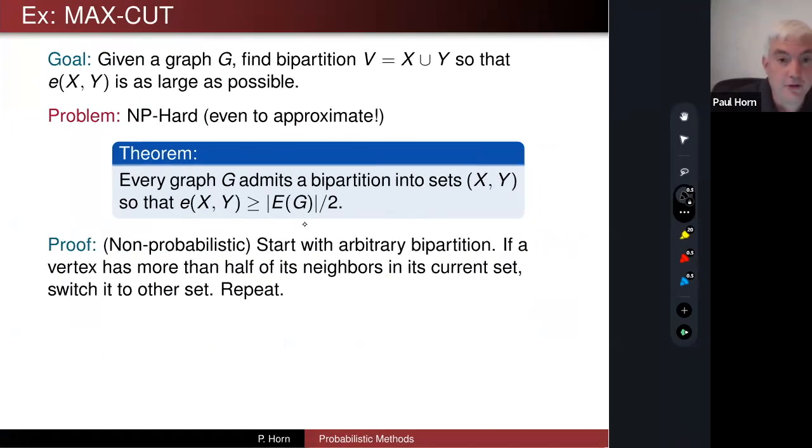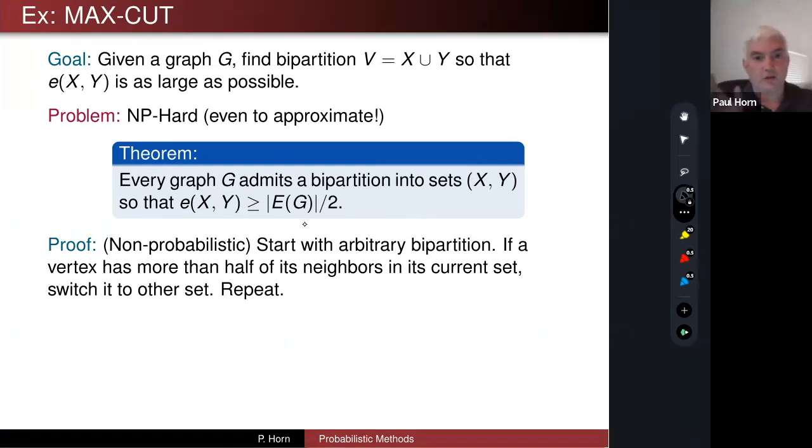All right. Now there's another proof that you may have seen of this result, which is non-probabilistic. And also extremely beautiful, and in some sense it gives you a little bit more. What you can do is start with an arbitrary bipartition, and now you just do the following algorithmic thing.